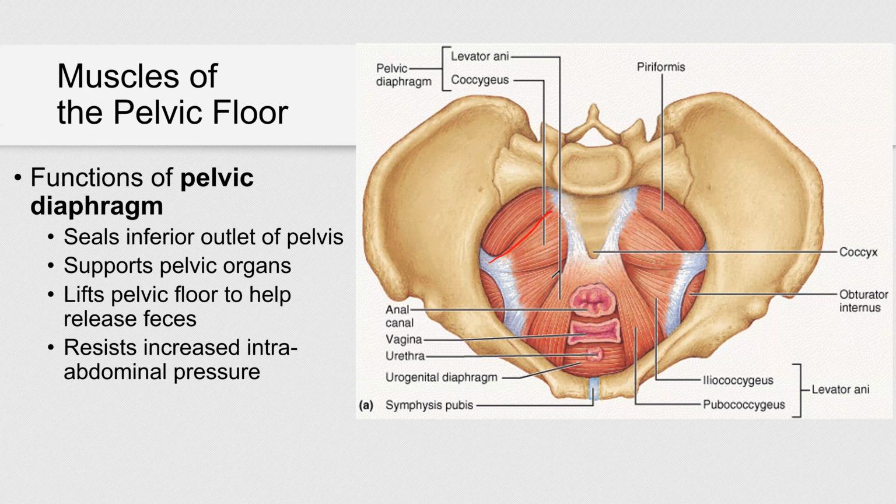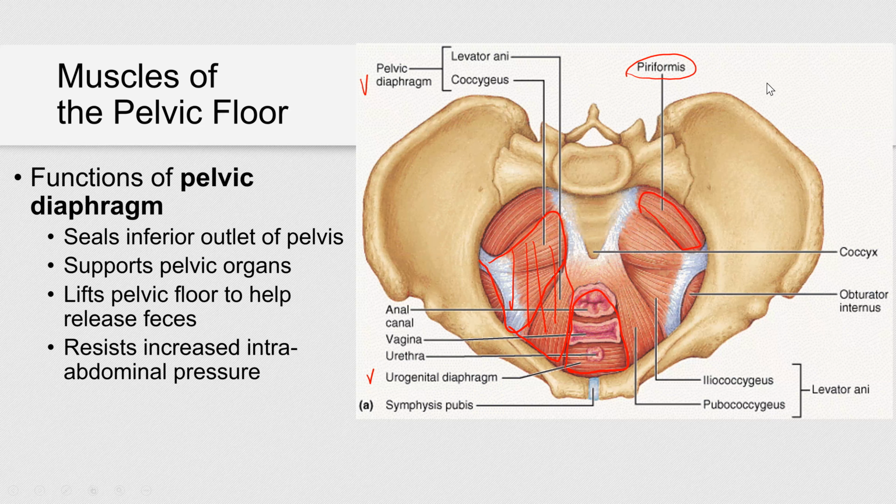Now, this group of muscles over here, medial to the pelvic diaphragm, is the urogenital diaphragm. So we have pelvic diaphragm, urogenital diaphragm, and one more muscle over here, piriformis. That's this muscle right there.